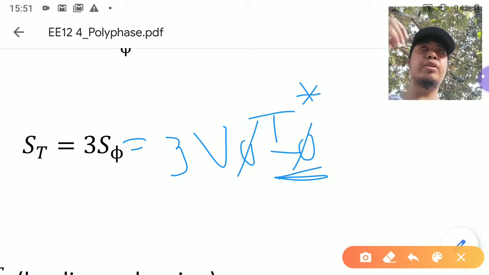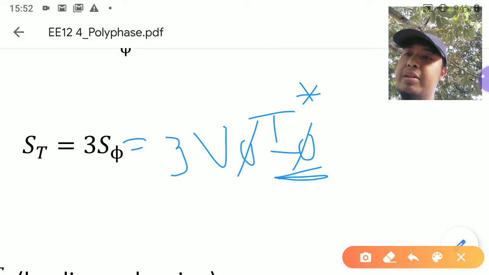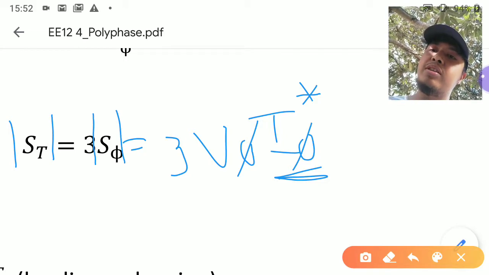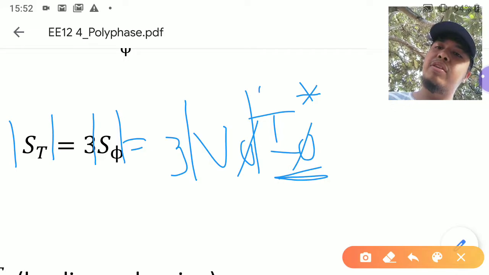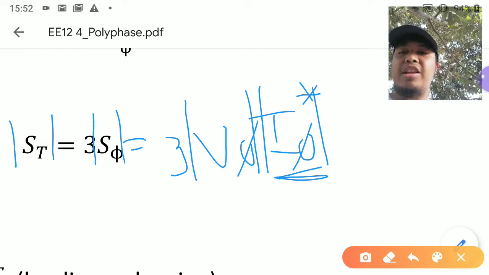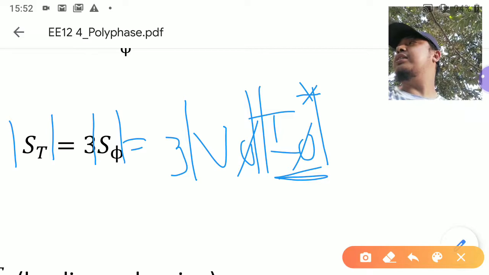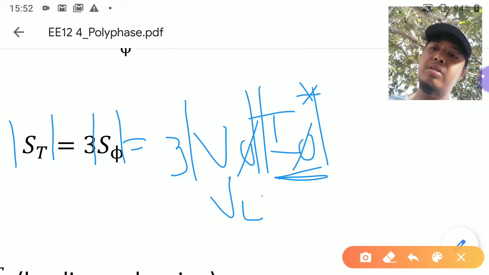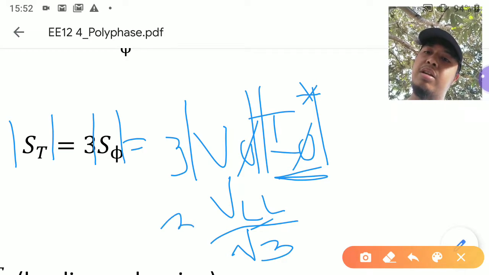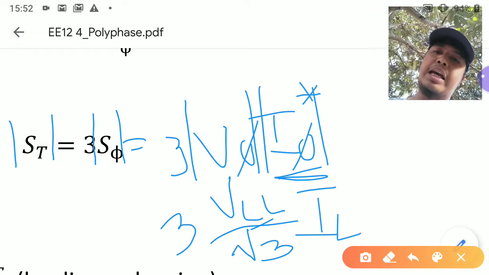Now, if we talk about the magnitude, I think we should emphasize this. If we are only interested in the magnitude of V phase and I phase, that actually simplifies things, because for your V phase you just substitute V line to line over square root of 3 here. So you now have 3 times V line to line over square root of 3 times I line.